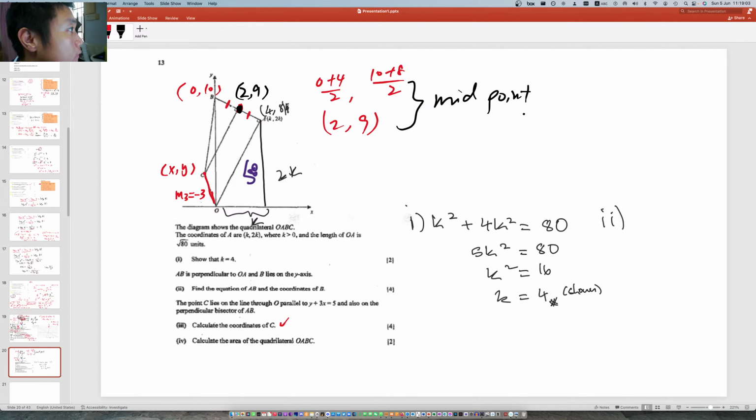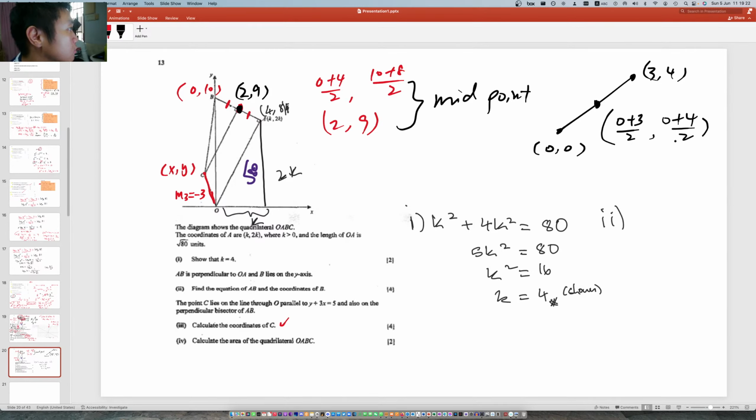You know what I mean, right? So what I'm trying to say is this. In order to get the midpoint, you just do 0 plus 3 divided by 2, then 0 plus 4 divided by 2. It's always plus. So therefore you get this point is 2, 9.